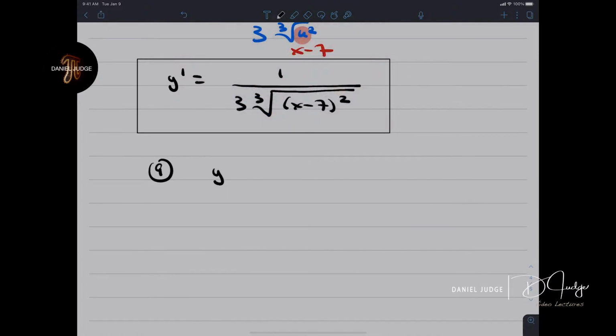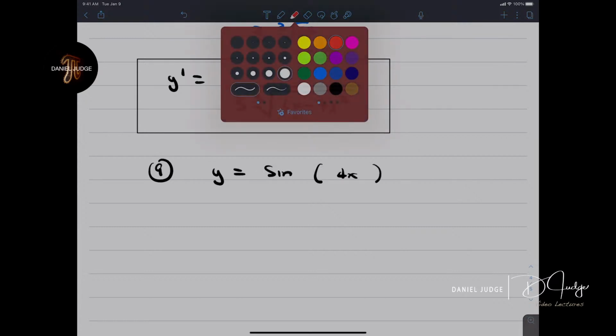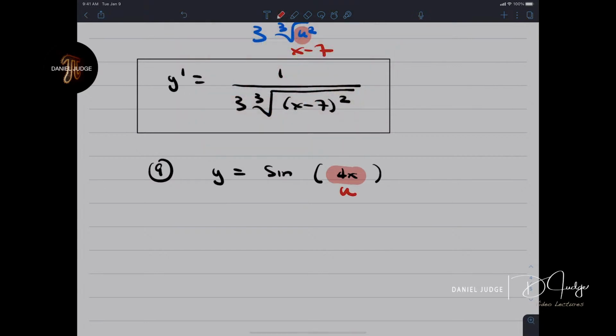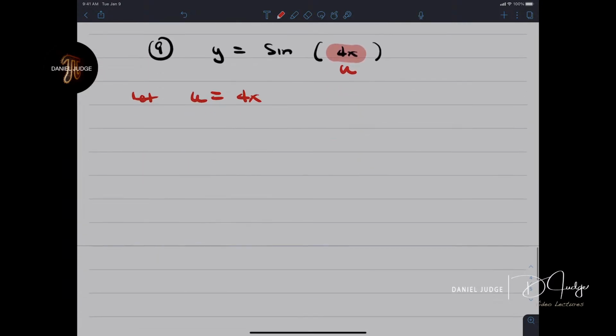Number 9. Y is sine 4x. So what's inside the parentheses here, this u is 4x. I'm going to let u be 4x.